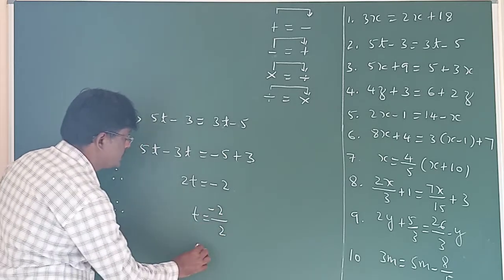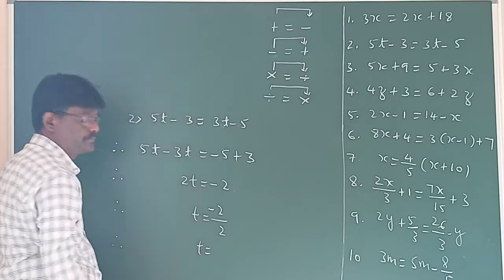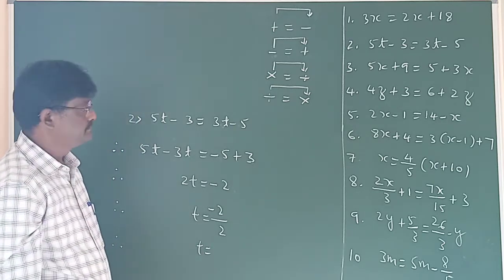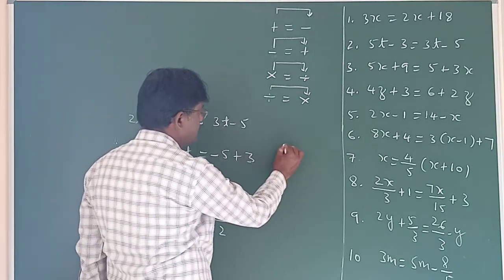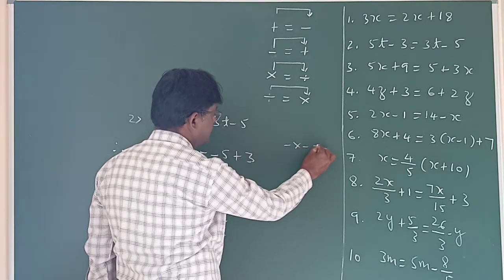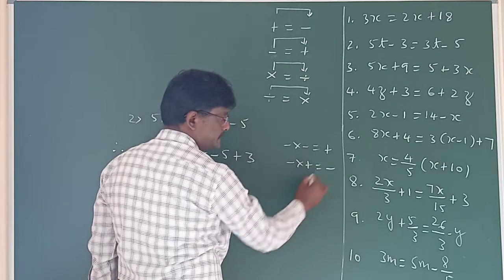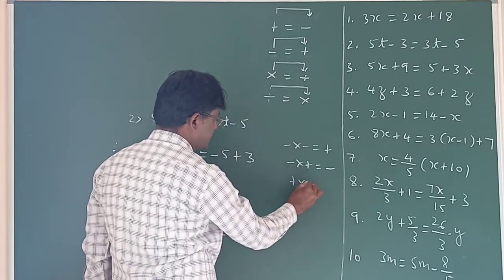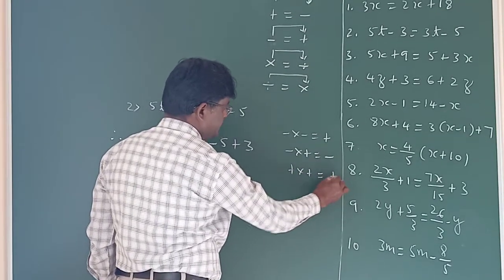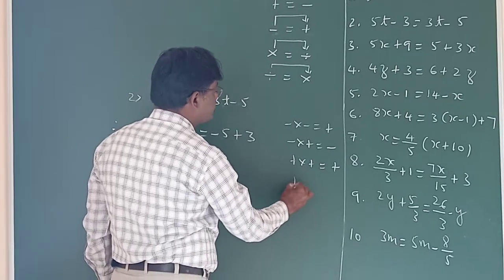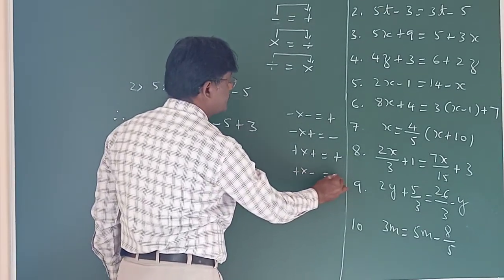Therefore, then t equal to, what is the answer? We know minus into minus is plus, minus into plus is minus, plus into plus is plus, plus into minus is minus.